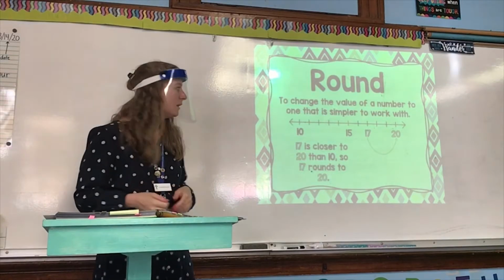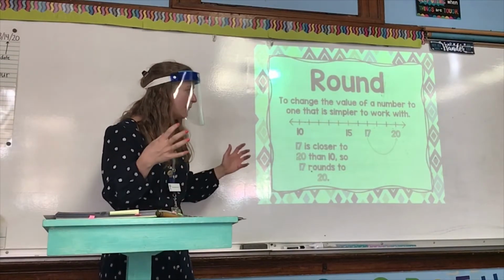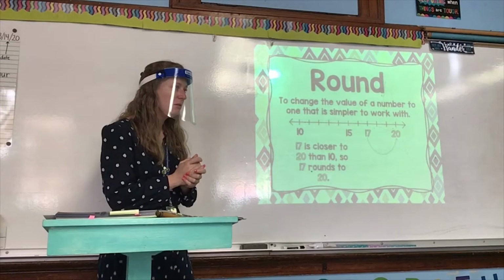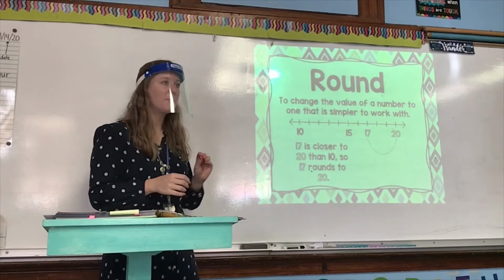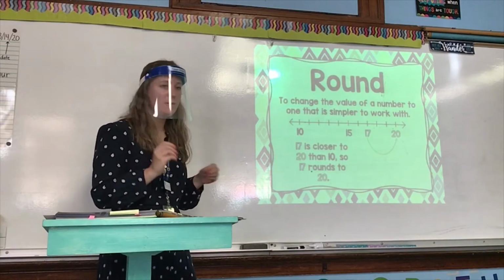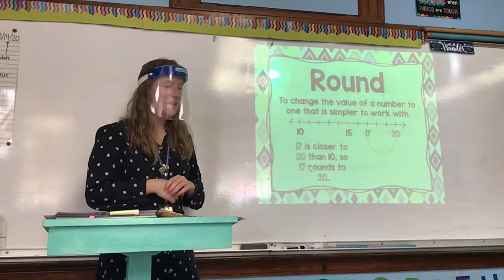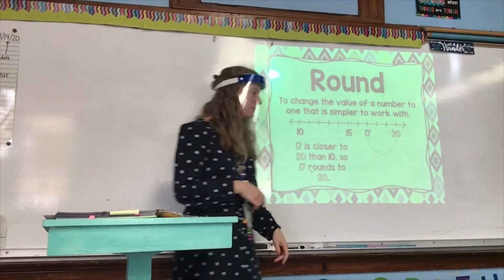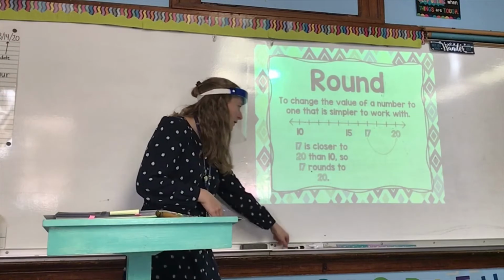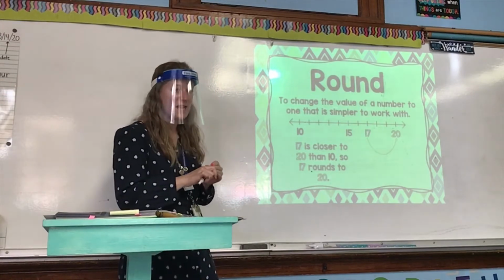Put it away. So when we round, we figure out, okay, which number that has a 0 in the ones place is this other number close to? So right now, they have a 17.